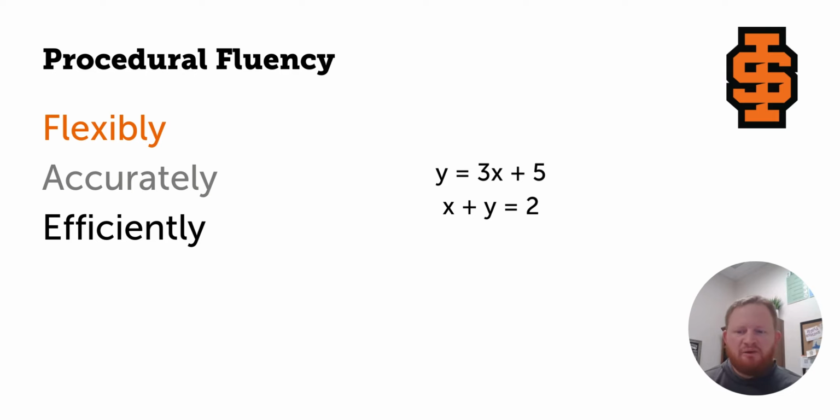To demonstrate procedural fluency, students would need to have multiple methods to solve this. Their methods would need to be accurate, and as the students learn methods, they should be able to identify and use methods that are most efficient. This particular problem can be solved by guess and check. Is that efficient? Probably not.